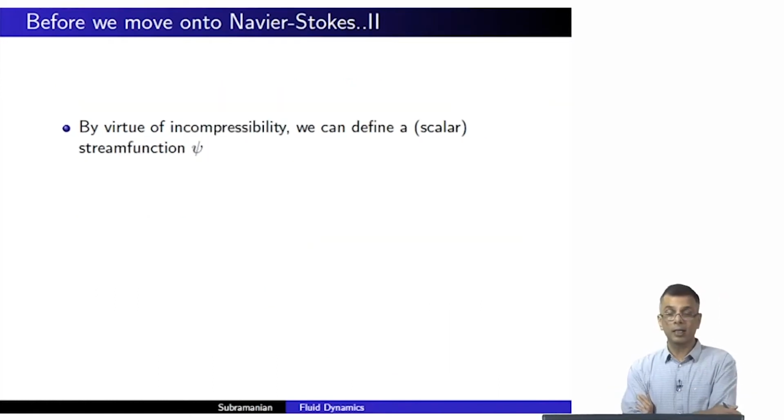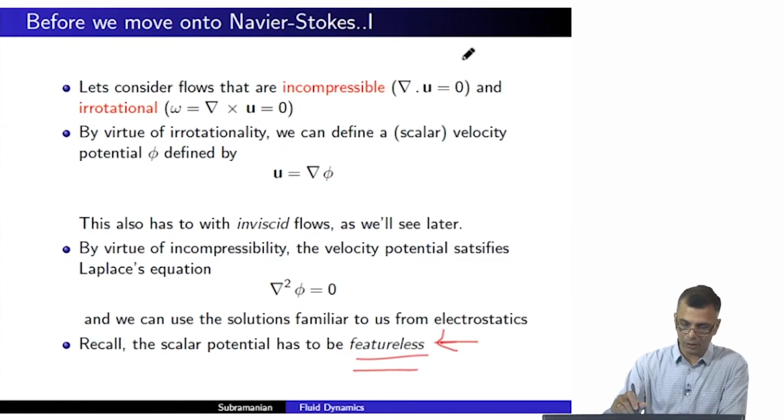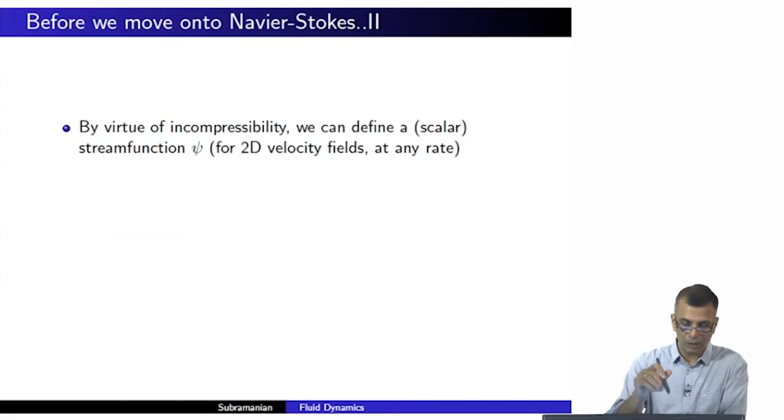The other thing to remember is that by virtue of incompressibility, by virtue of this condition, you can define a scalar stream function psi, at any rate for 2D velocity fields.